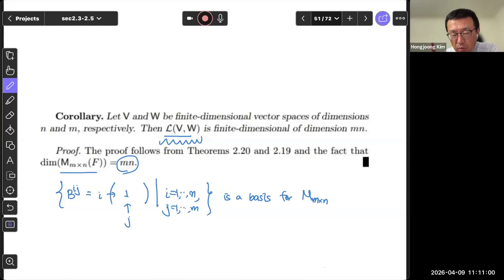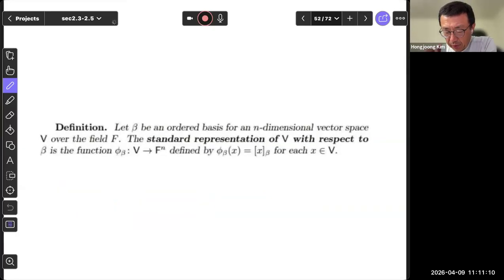Okay. So this is one usage of this isomorphism. Suppose that beta is an ordered basis for an n-dimensional vector space V over a certain scalar field F. Then the standard representation of V with respect to beta is the function phi sub beta which maps x to its coordinate.